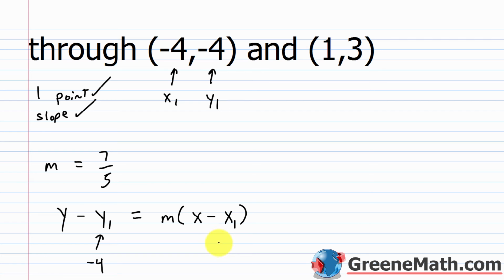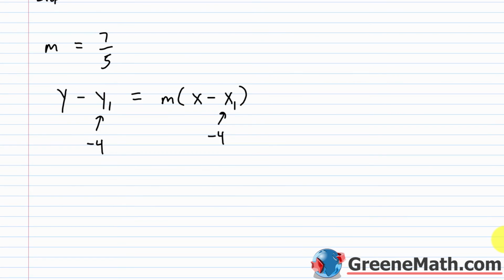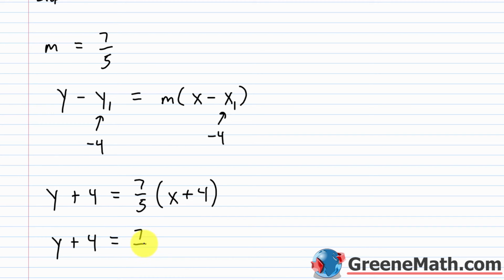Now, I will plug in a negative 4 for y sub 1. I will plug in a negative 4 for x sub 1. So let's simplify this. So we'll have y plus 4, right? Minus the negative 4 is plus 4, equals, for m, remember that's 7/5, times the quantity x minus a negative 4. So that's plus 4. All right, so then we'd have y plus 4 is equal to 7/5 times x plus 7/5 times 4. 4 times 7 is 28, so this would be 28/5.